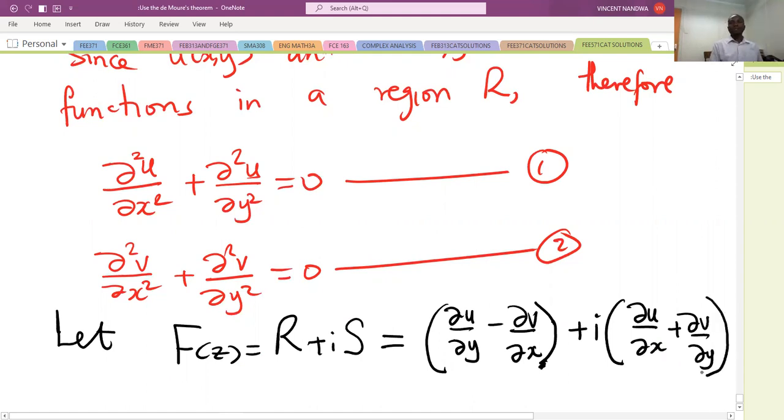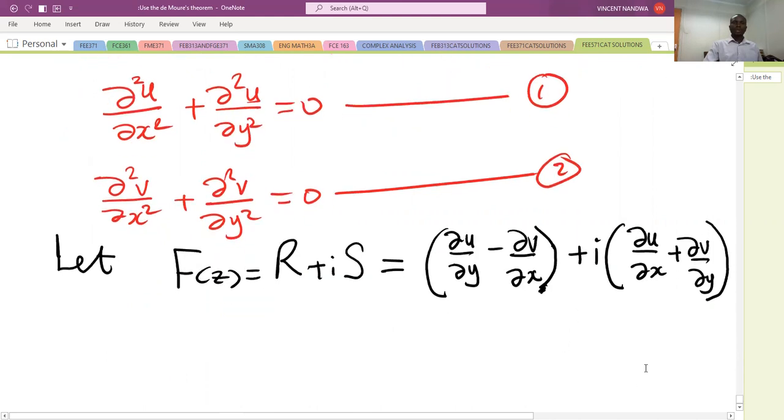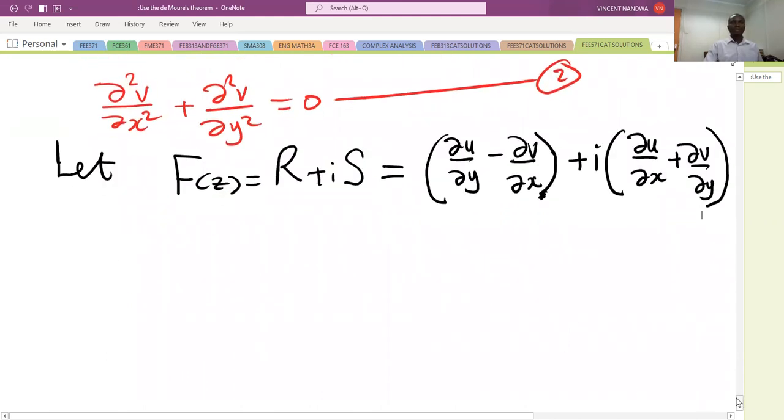Let's call the given expression F, which is the same as R + iS.